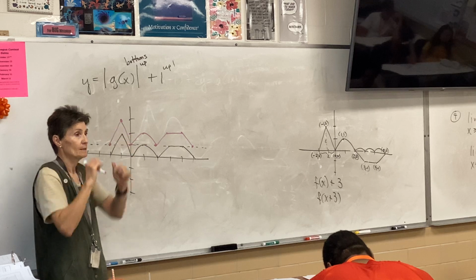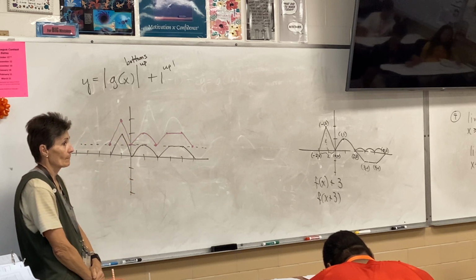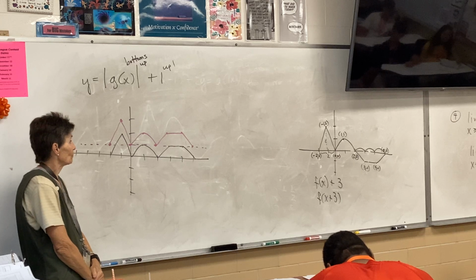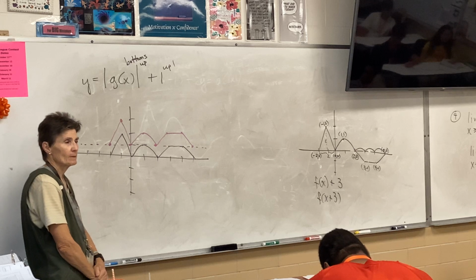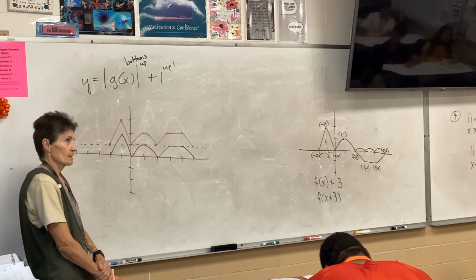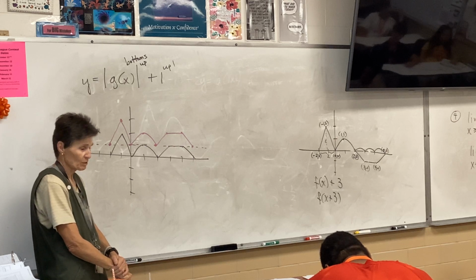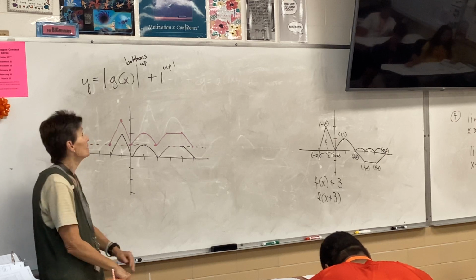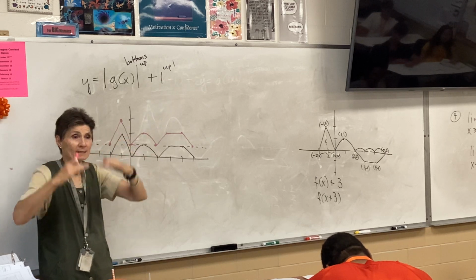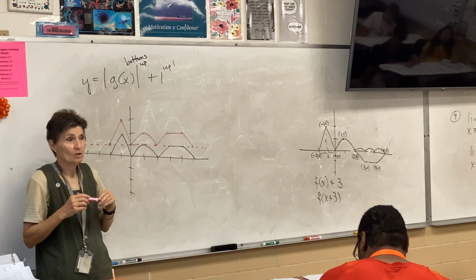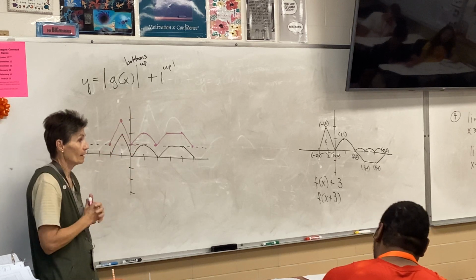Everything lifted up 1. One thing I haven't mentioned, order on these things can be a little tricky, but you're probably always going to be okay if you remember this is last. Any vertical movement is going to be last. So that's why I did my absolute value first and then picked it up 1.